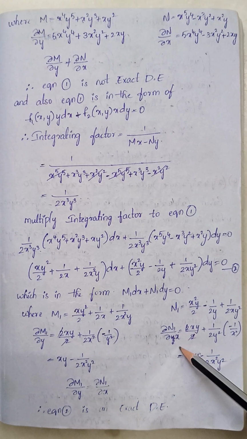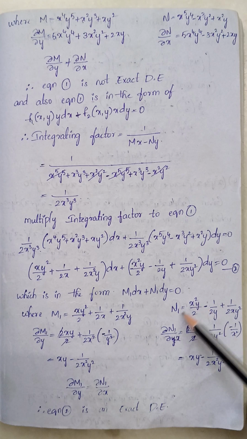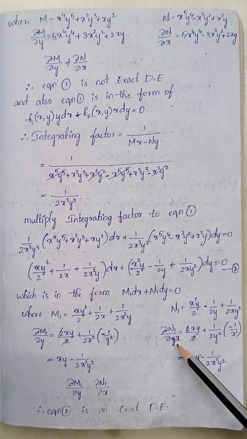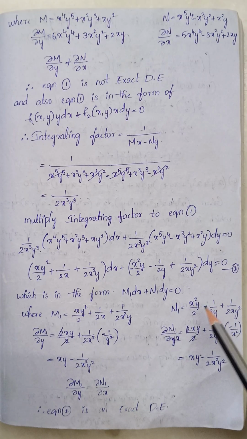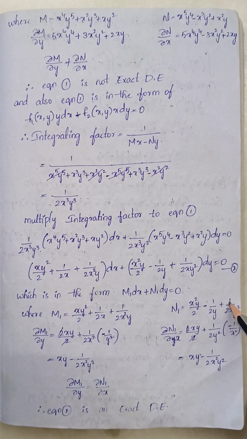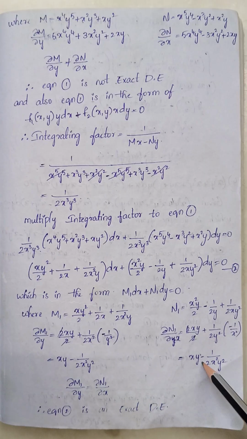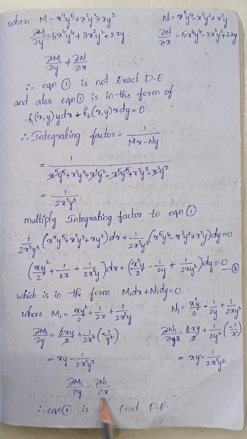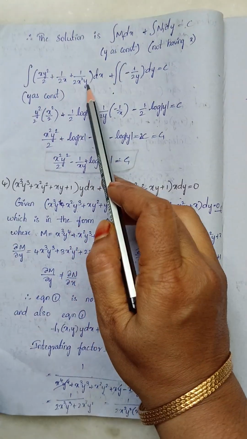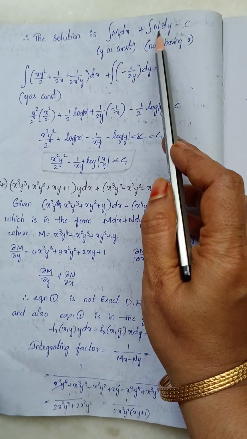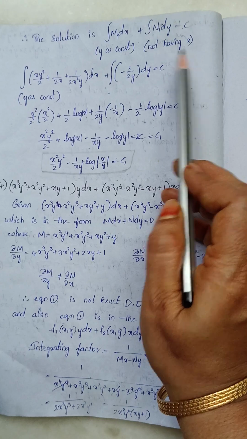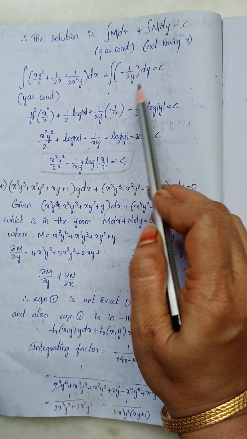Similarly dou n1 by dou x, with respect to x means y by 2 constant here, and x square derivative is 2x, minus with respect to x means this is constant whose derivative is 0, and with respect to x means 1 by 2 y square constant as it is, 1 by x derivative is minus 1 by x square. So we have the same values for these two, so both are equal in the sense it is an exact differential equation, and the solution will be integration m dx plus integration n dy, where only terms not having x, only one term is there, minus 1 by 2y into dy.